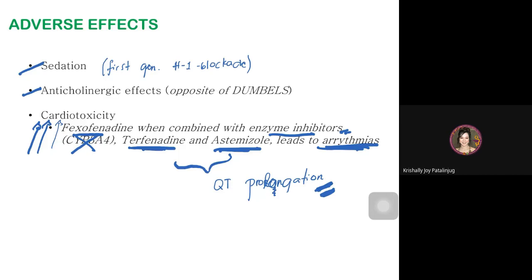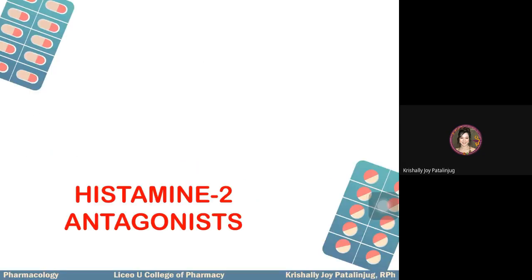Okay, so we are done with histamine 1 blockers. Let us have histamine 2 antagonists. So these are the 4 important histamine 2 blockers.